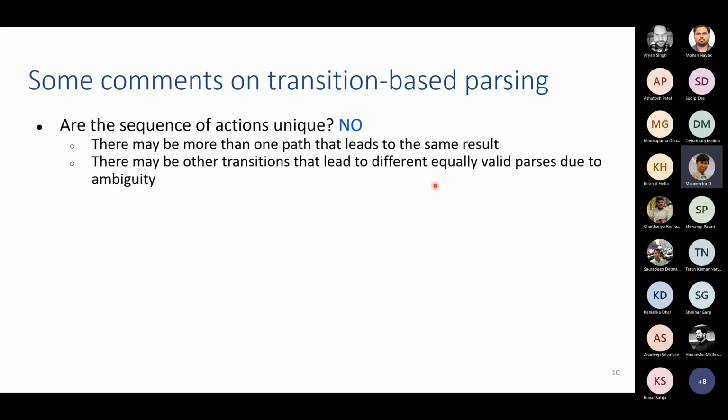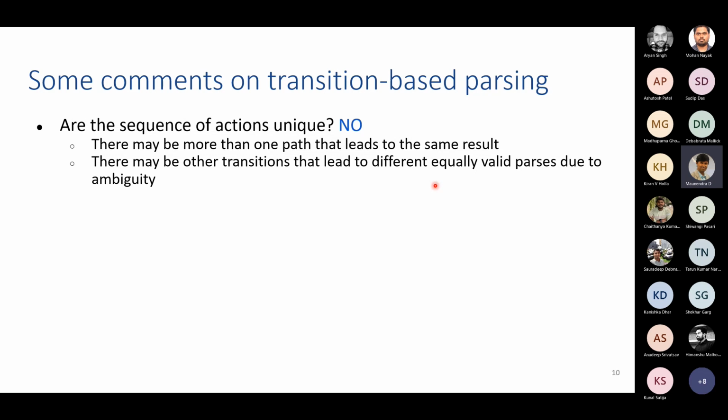When we talked about constituency parsing, there also we saw the same sentence can have different valid parses. Different valid constituency parses indicate that there is some ambiguity or different interpretations possible for the sentence. And if the sentences have different interpretations, the roles that the words play in each of those interpretations will also vary.